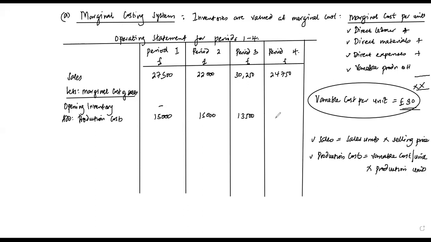Then period 4, it is 15,000. Those are the production costs, and we are valuing our products at their variable cost per unit. So get the units produced times the variable cost per unit, which is 30. Then after that, of course, we have to less the closing inventory.